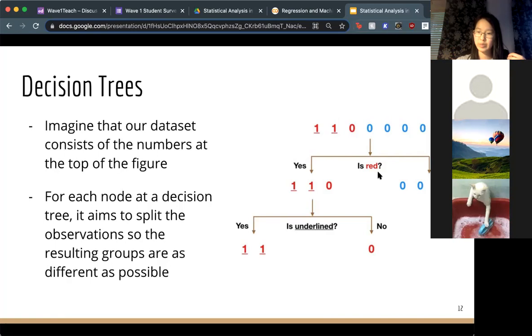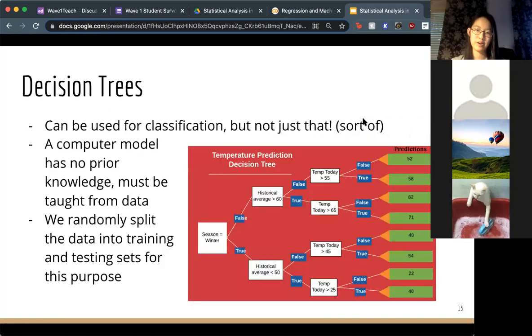So it might not be "is it red," but maybe there's data attached to whether it is red or not. Maybe it will use that as an identifying way to check, or maybe there's some kind of ASCII code associated with the underlining. Maybe it specifically targets that when splitting during machine learning, but it's that sort of pattern.